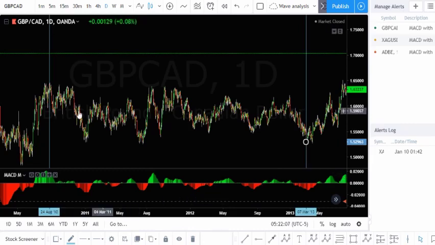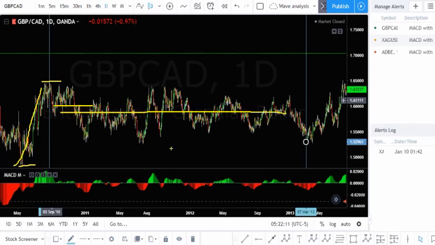Look how long this correction lasted. This was obviously your first move up, and between the top and the bottom, everything inside here, remember the rules, will be classified as a correction.